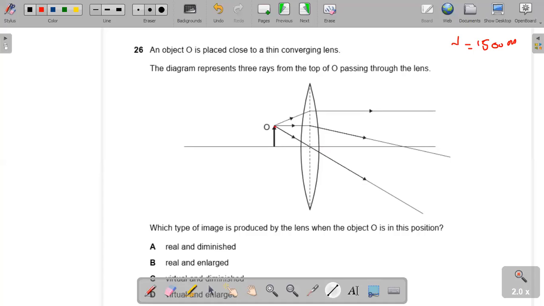When we say the rays going away from each other, we extend the rays back along themselves. These are the extensions of the rays.